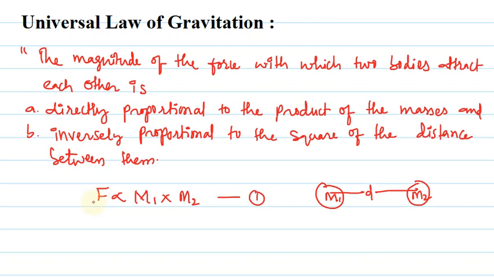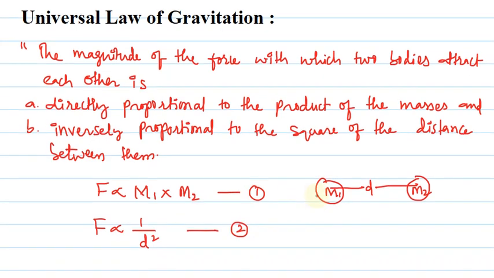The second part of the definition is that this force is inversely proportional to the square of the distance between them, 1 upon d square, as we have considered the distance between the centers of the two bodies as d. Let us consider this as expression 2.